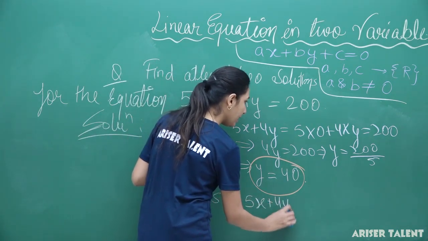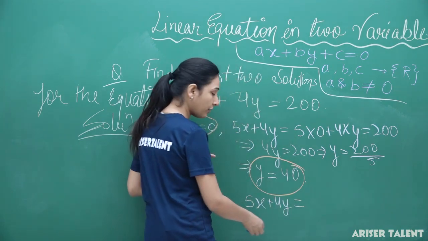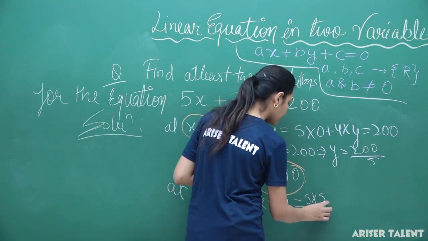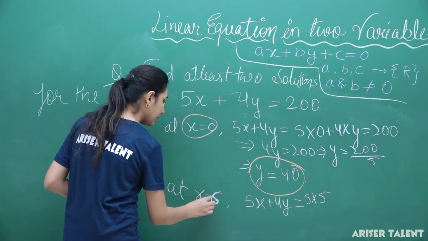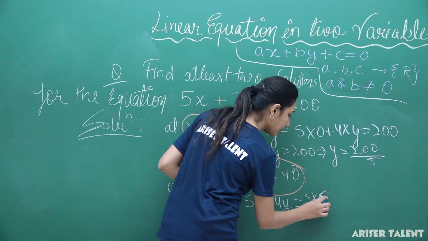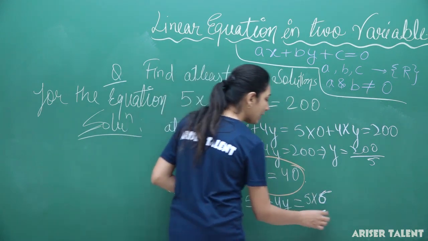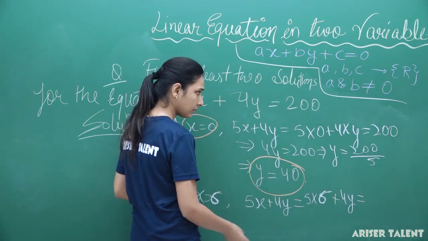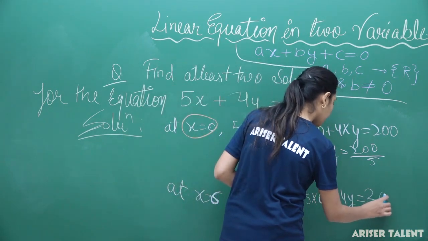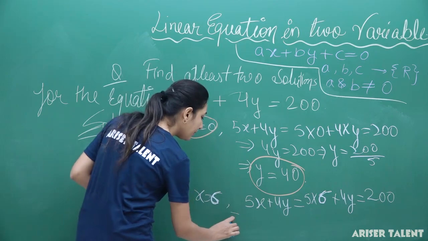Or let's suppose take it as 6. So 5 multiplied by 6 plus 4y equals 200.